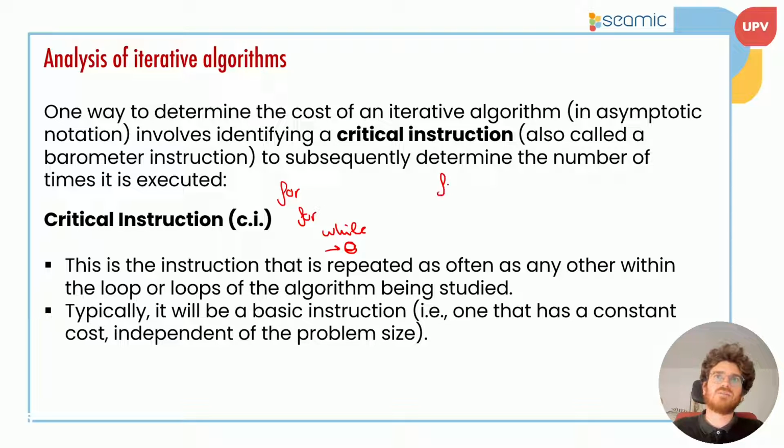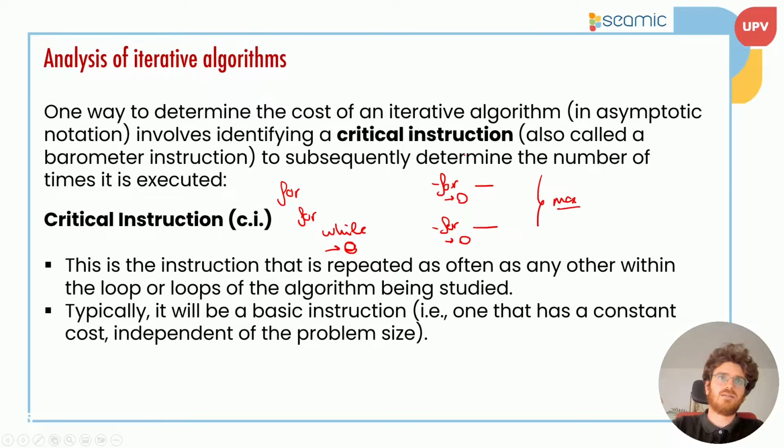But if we have, for example, parallel loops, we would need to find the one that is the longest and then add them up by performing the maximum of both. And probably the instruction that appears here that has the highest cost, either by itself or by multiplying with the for, will be the one that will be the highest one.